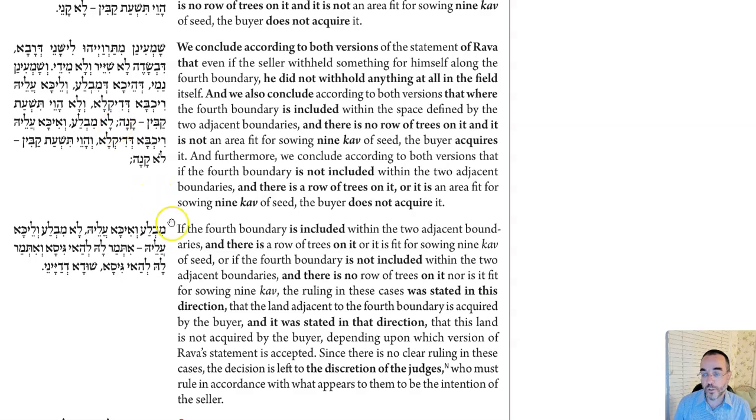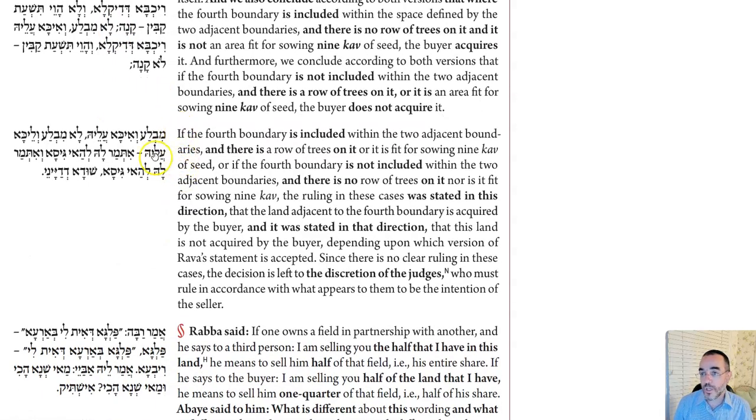So they agree on all these points. Where do they disagree? Mivla v'ika la mivla v'leka ale. Itmar la lahagisa v'itmar la lahagisa shuda de daine. If it's subsumed, but there is something significant on it, or it's not subsumed, but there's nothing significant on it, or not a big size, then one version of Rava says this way, another version says that way.